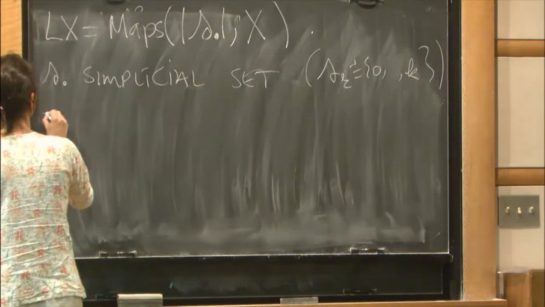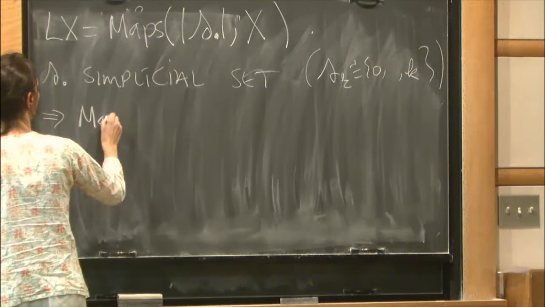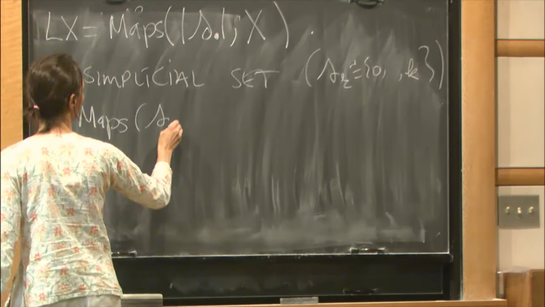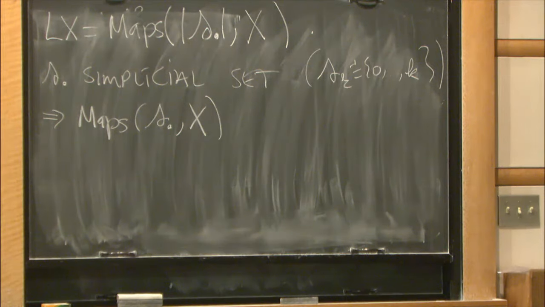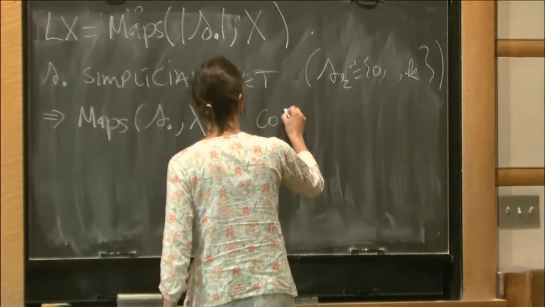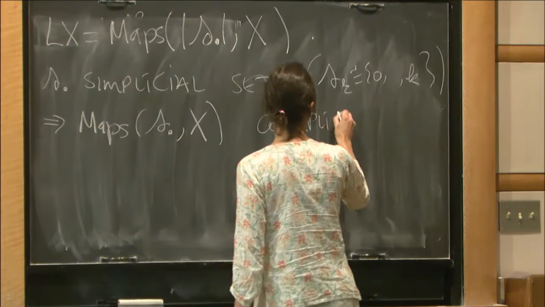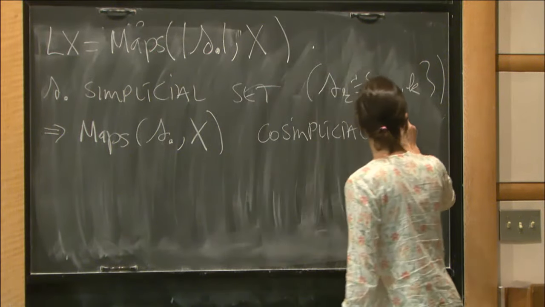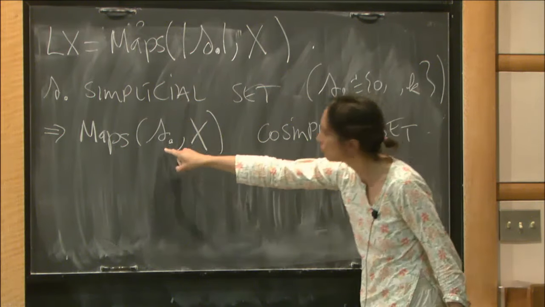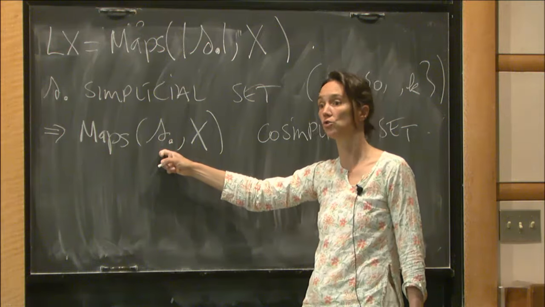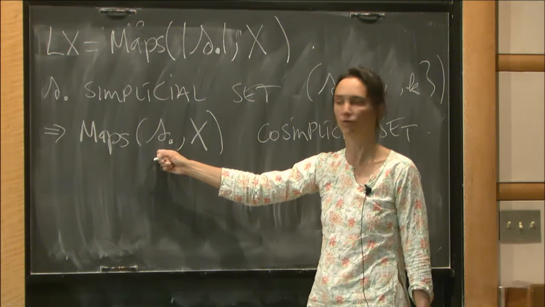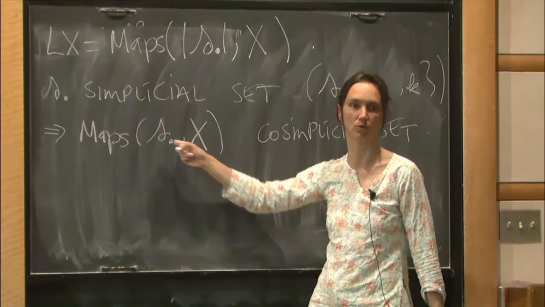And that means that when I take maps from S dot into K, now I'm not taking the realization, I'm just taking the simplicial set. This becomes what we call a co-simplicial set. It has co-face maps and co-degeneracies, everything is turned around. It satisfies the co-simplicial identities, because we're dualizing when we do something like this.